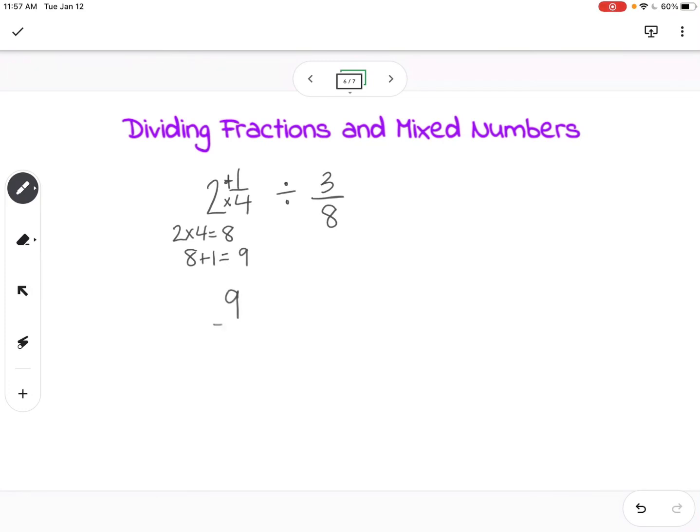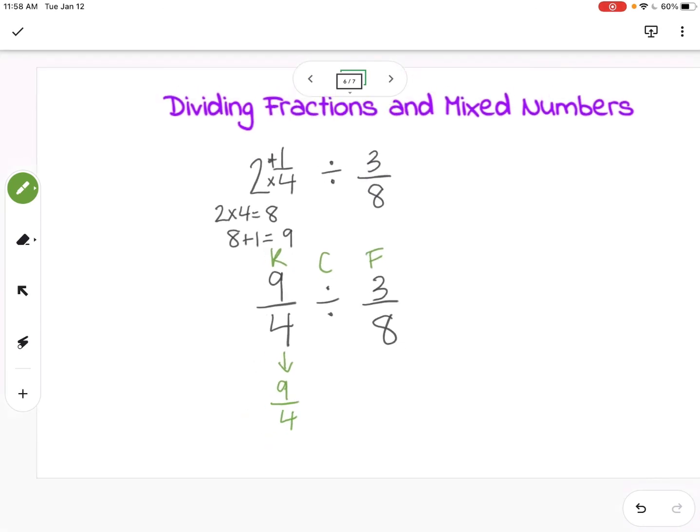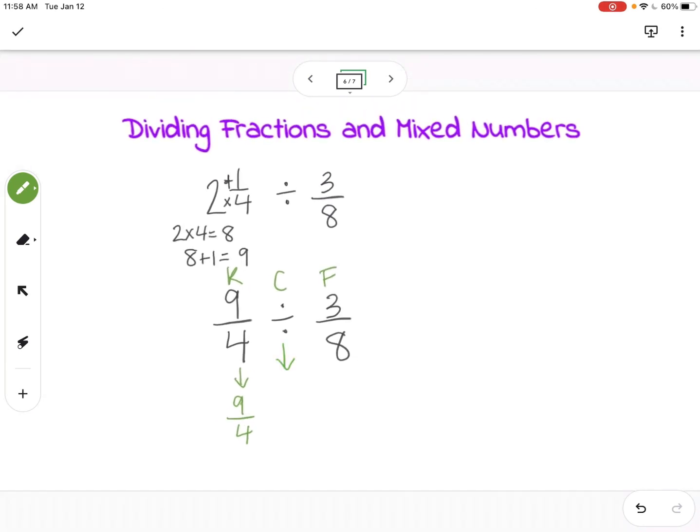That would leave us with 9 over 4 divided by 3/8. Now that we have this down, we can use keep, change, flip. I'm going to keep the 9/4 as is. I am going to change the division to multiplication, and I am going to flip that last fraction to be 8/3.